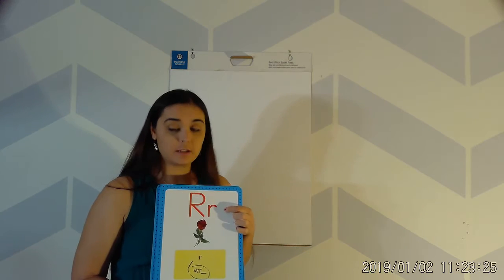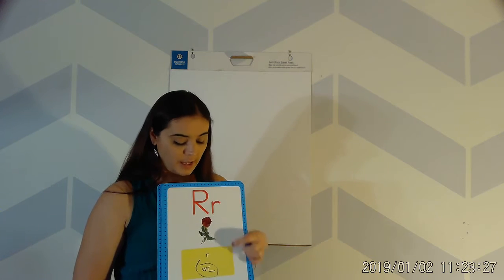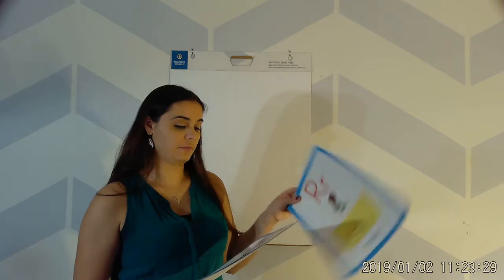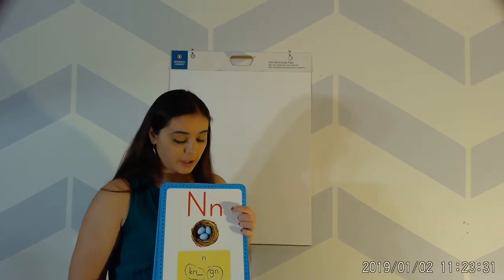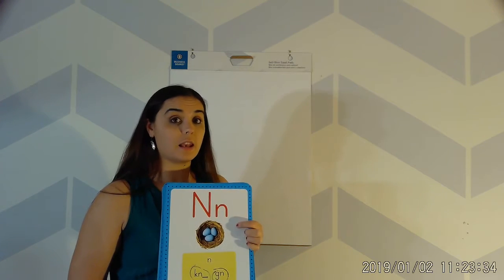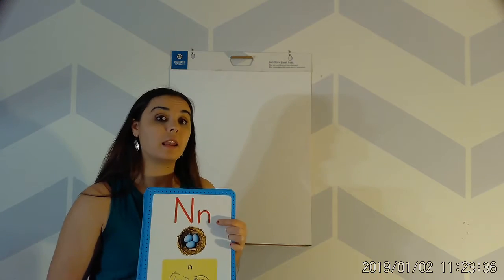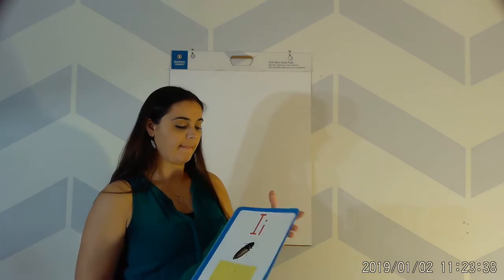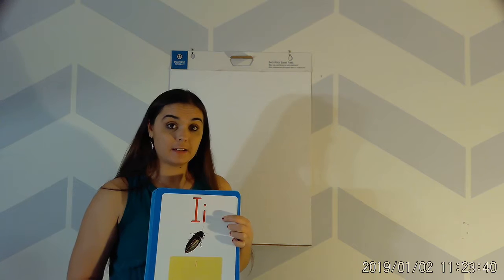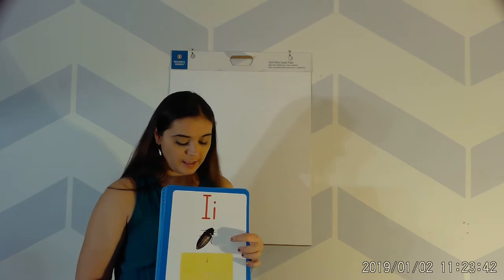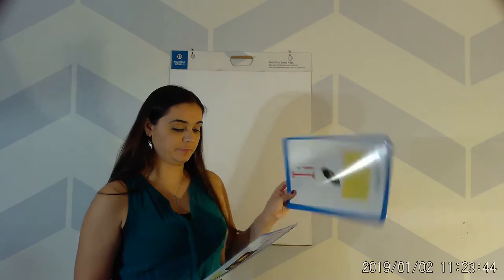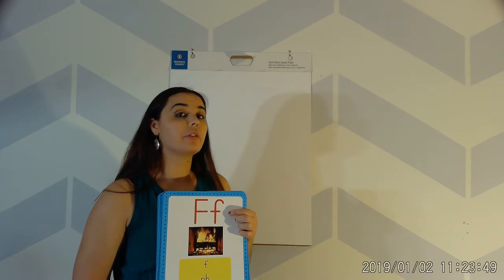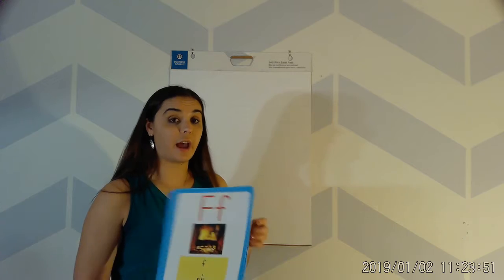The letter R says r, like rose. The letter N says n, like nest. The letter I says i, like insect. The letter F says f, like fire.